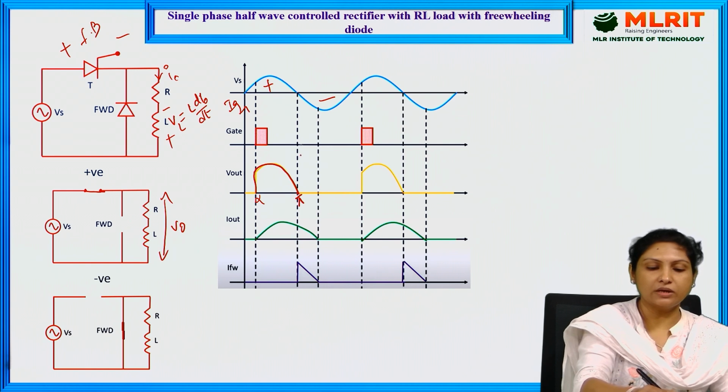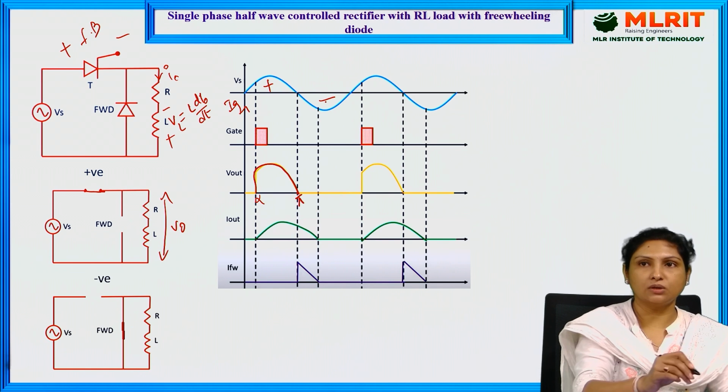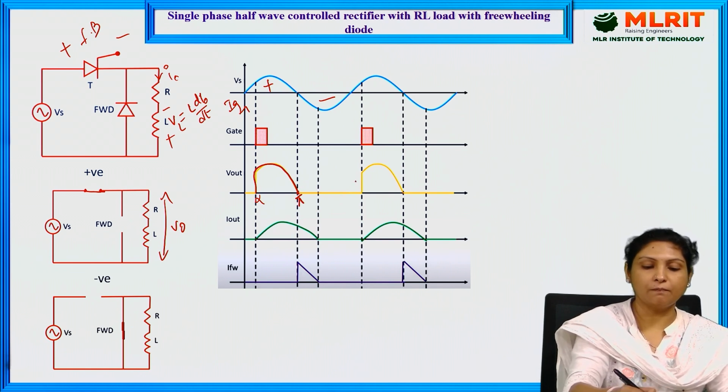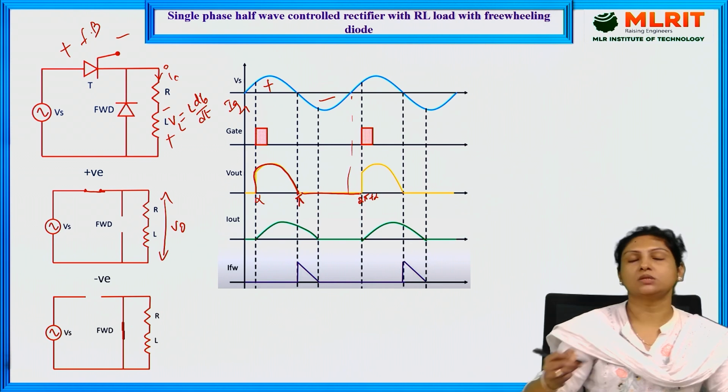The moment it reaches pi, the negative half cycle appears, because of which the thyristor is turned off, and the output voltage from pi to 2 pi plus alpha is equal to 0.